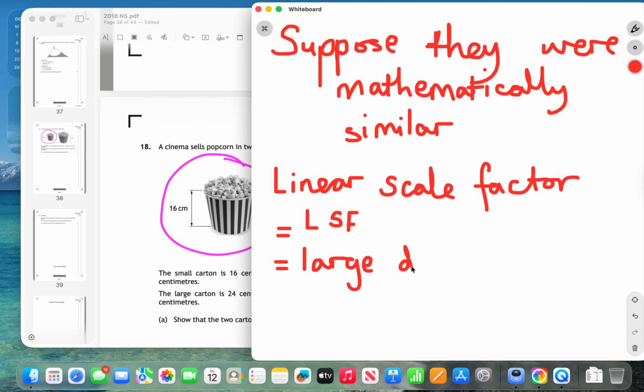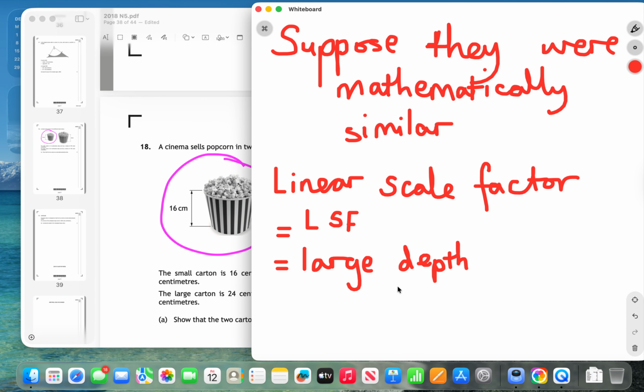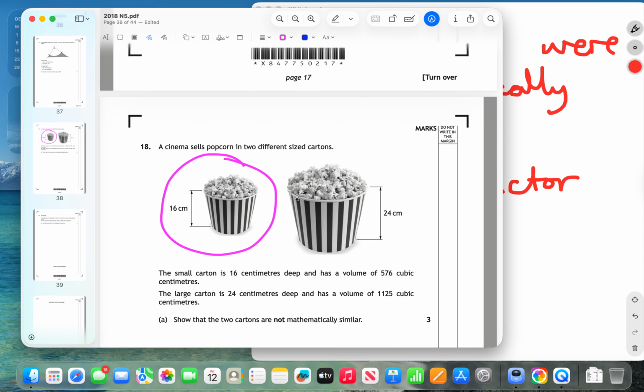You want to specify which one you're doing, because you can do the large divided by the small or the small divided by the large, but it will vary depending on which one you're doing, because if you start with the small one and find the volume of the large one, you do large depth over small depth. I will show you the other way in which you do the small divided by the large.